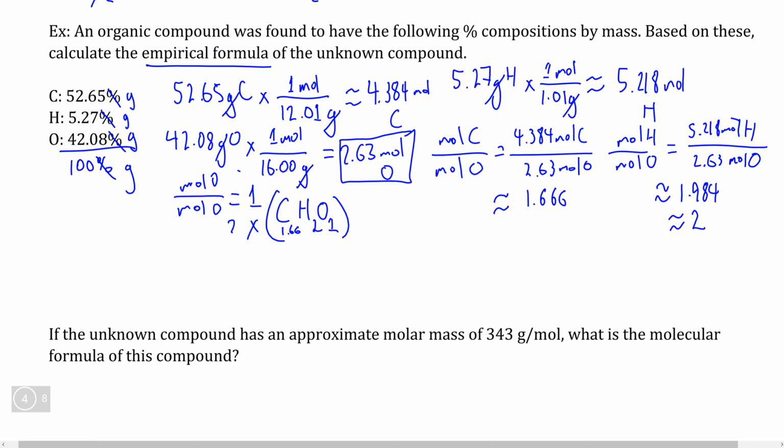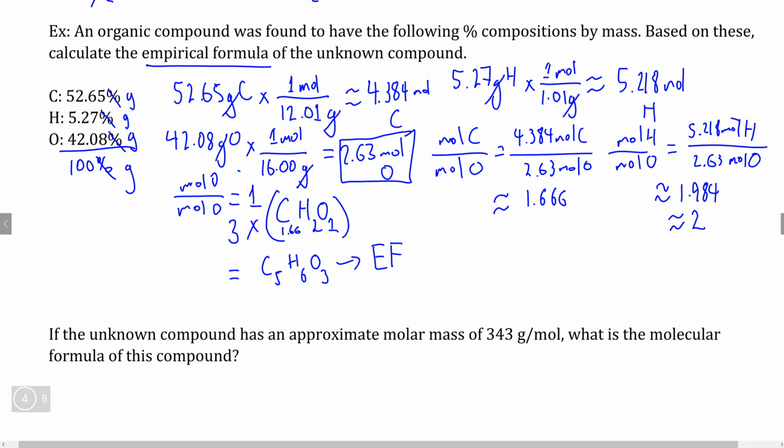So if we multiply this by 3, 1.66 times 3 is actually 5. And then 3 times 2 is 6, and 3 times 1 is 3. And we see that this empirical formula works because 5, 6, and 3 do not have a common factor other than 1. So we have successfully found our empirical formula.